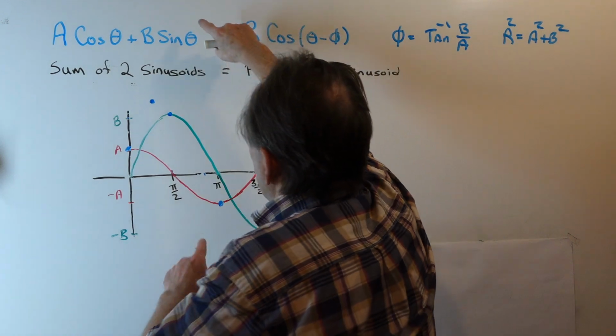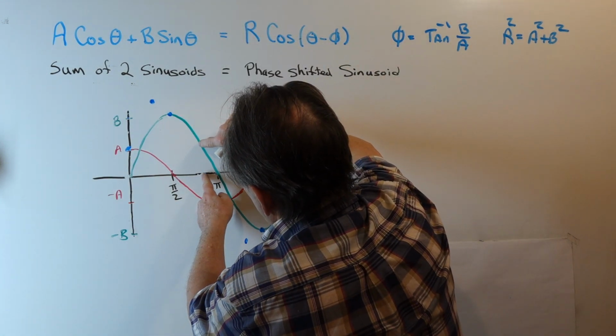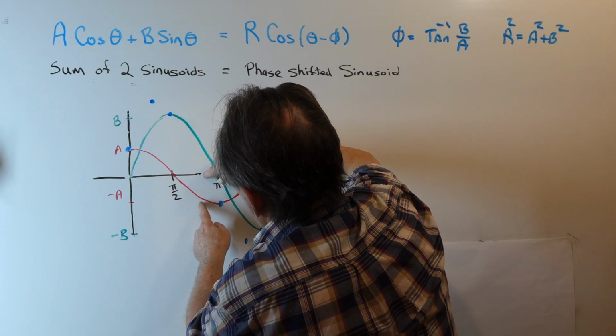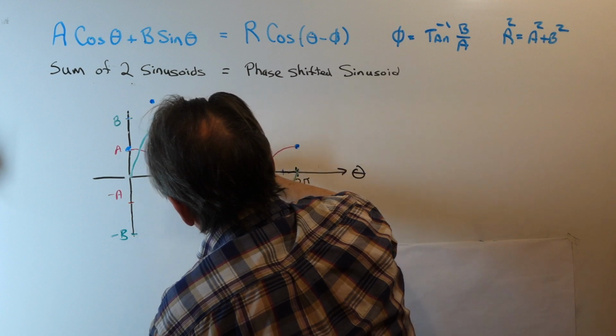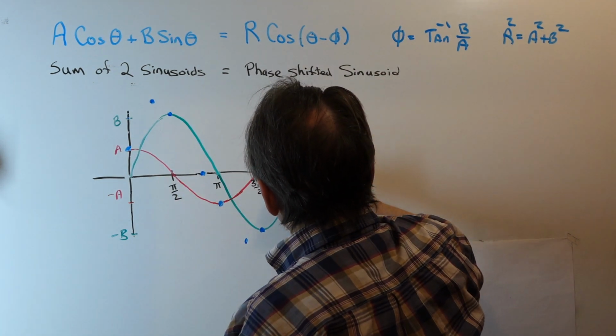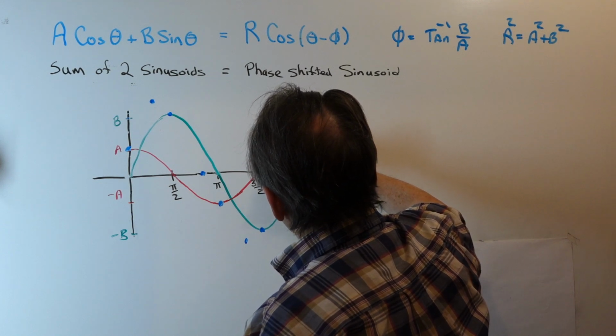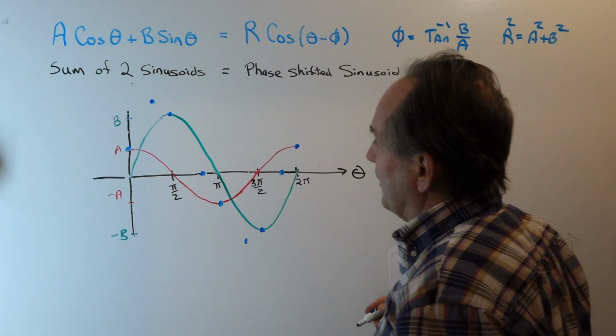Now, where the sum crosses 0 will be where the magnitudes are equal but opposite in sign. So somewhere along in here, the sum will go to 0. And same thing in here, we have a positive and a negative, and it'll go to 0 there. So we have some points here.